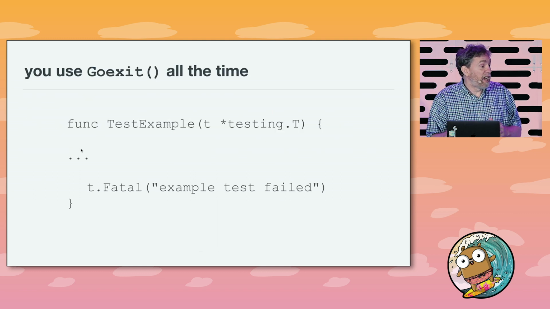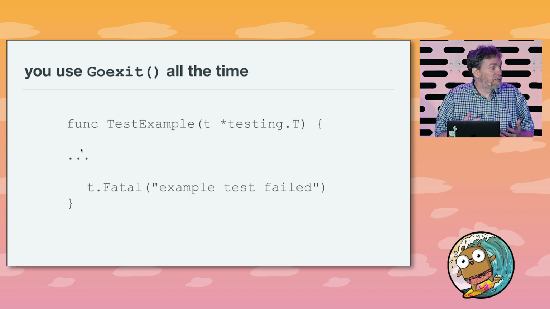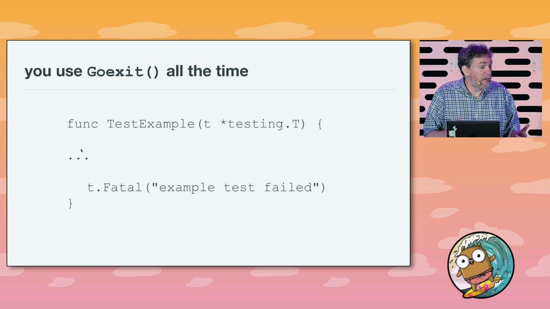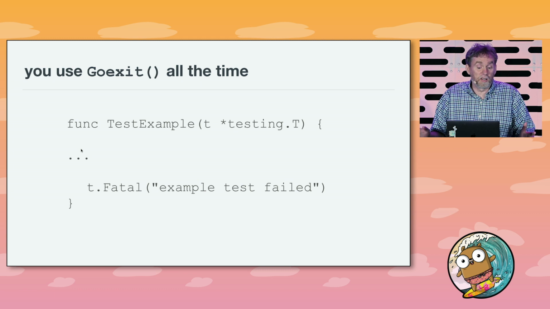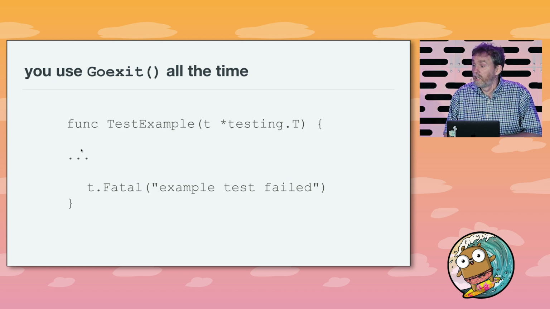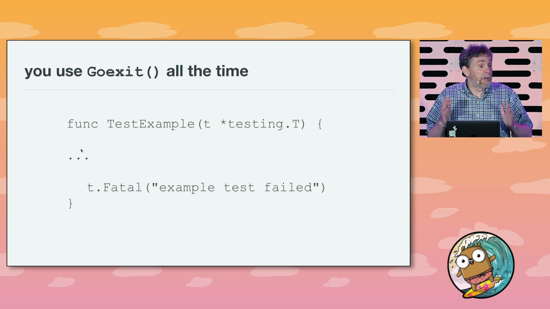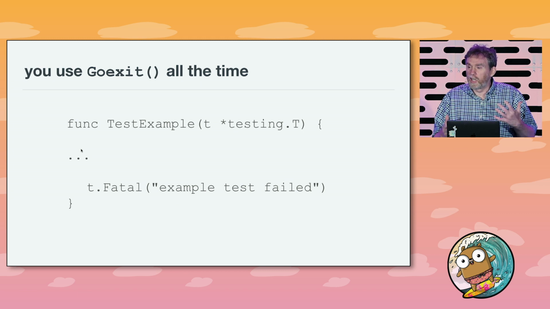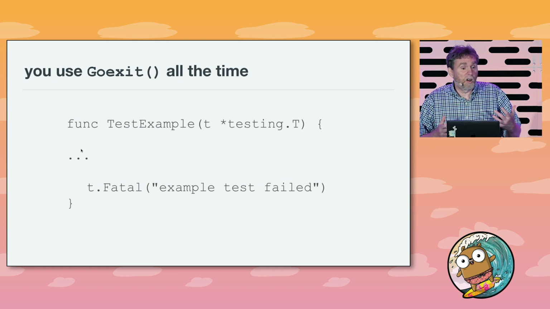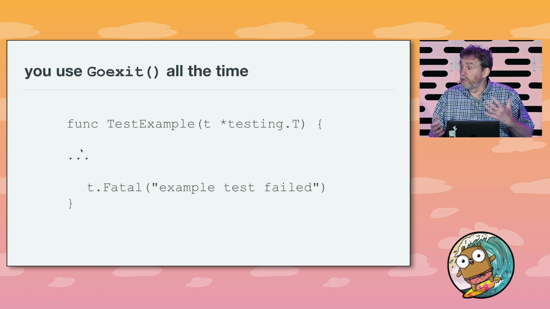Goexit. I doubt anybody's ever used, or very few of you have used Goexit directly, but it turns out you use it all the time. Anybody who writes a test and has a call to t.Fatal in the test, what's happening internally is using Goexit, because t.Fatal calls another method, I think it's called t.FailNow, and FailNow calls Goexit.